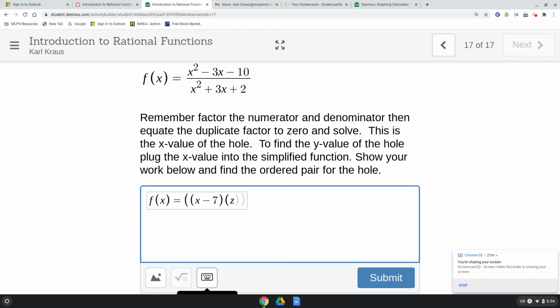Whoops. x minus 5 and x plus 2. This should be x plus 2, and this should be x minus 5. And then factor the denominator.